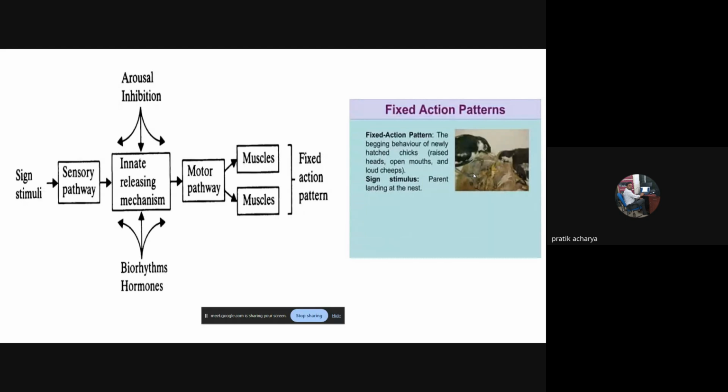Otherwise, the chick is unable to survive. That's why the fixed action pattern is very essential for organismal survivability. This is the pictorial presentation of how fixed action pattern is working.